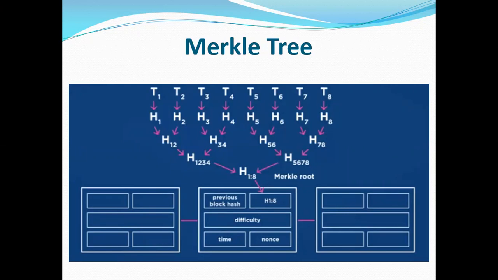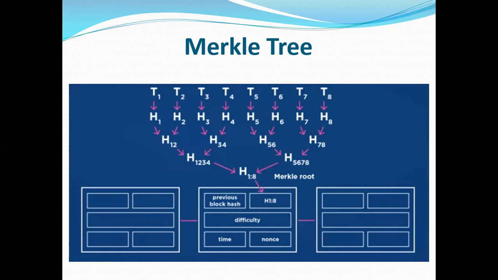Since she is a Bitcoin miner, she uses the SHA-256 algorithm for that. Next, she takes the first 2 hashed transactions H1 and H2 and uses them as an input for the same hash function, creating one single hash H12. She also creates H34, H56 and H78.